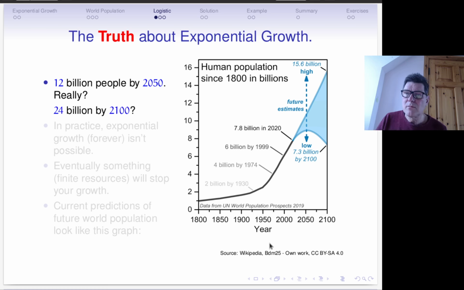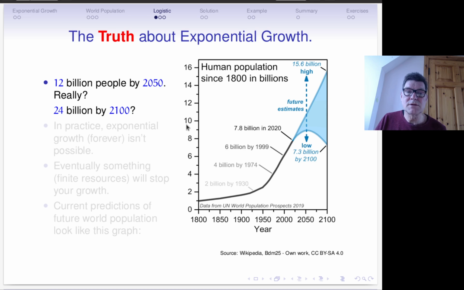If you look up on the Wikipedia current predictions for world population over the next couple of years up to 2100, you find graphs like this. There's a variety of predictions, but what they all do have in common is that by no means the exponential growth will continue forever. Here the predictions are between a continued linear growth or even a decay that starts soon in the size of the world population.